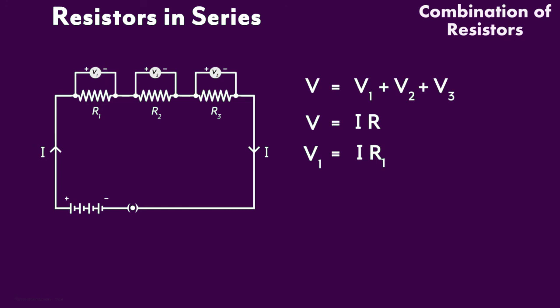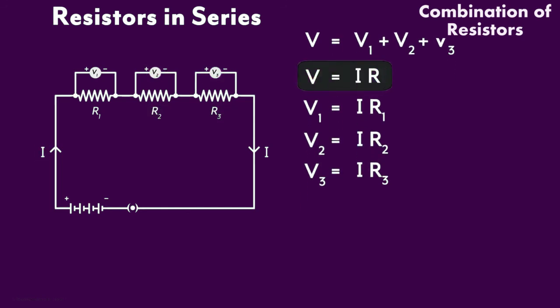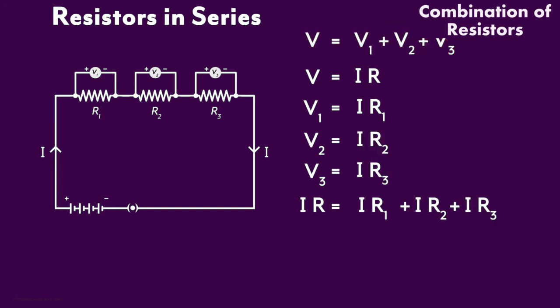Similarly, for the other 2 resistors, we apply Ohm's law to get more equations. Now we can substitute the values of V1, V2, V3 in the first equation. V is I times R, V1 is I times R1, V2 is I times R2 and V3 is I times R3. Dividing both sides by I, we get the value like this.